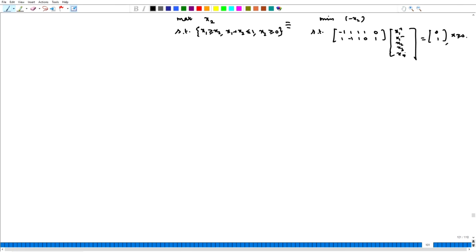So the first equation becomes minus x1 plus, x1 minus, plus x2 plus x3, and this is equal to 0. The second equation becomes x1 plus, minus x1 minus, plus x2 plus x4 minus x5, and you add another constraint where x5 is equal to 1.